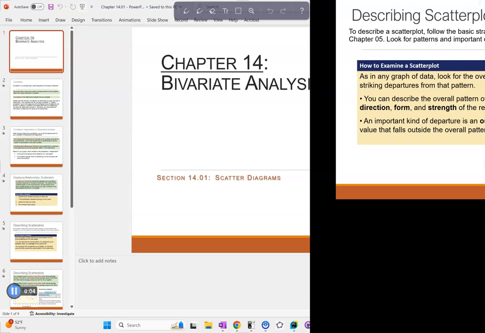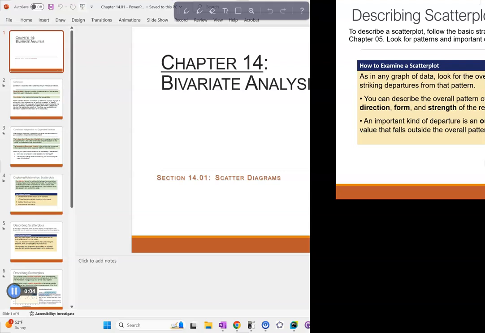The form is you're describing the shape of the graph. Typically the shapes you would use are going to be the names of common functions. So the form might be linear or quadratic or exponential, right? Our common graph shapes from Algebra 2 and pre-calculus. The strength is going to be how much the data resembles those curves.